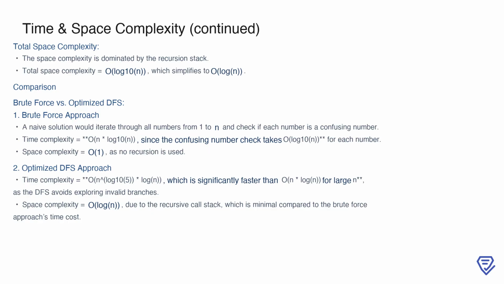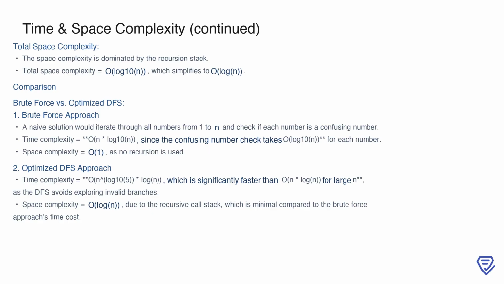Let's also compare the DFS-based solution to a brute force approach. In a brute force solution, we would iterate through every number from 1 to n, checking if each number is confusing. This would take O of n times log base 10 of n time, due to the confusing number check for each iteration. The space complexity for brute force, however, is O of 1, as it doesn't use recursion.